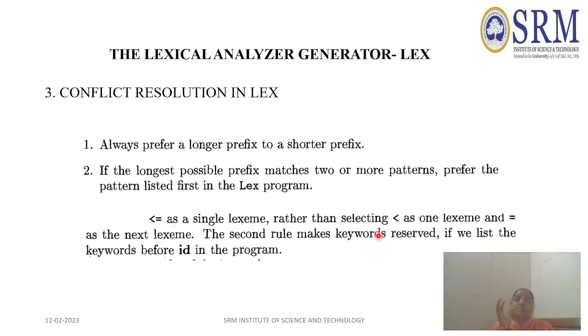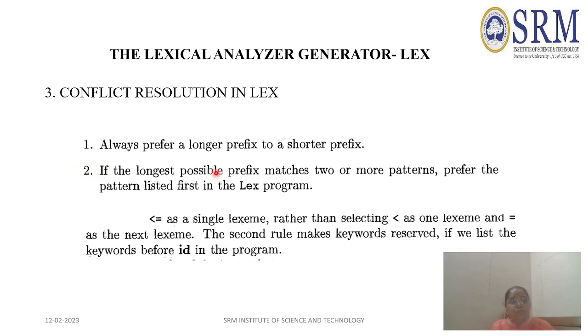The Lex program should be written so as to take the longest prefix rather than the shortest prefix. If less than or equal to is there, it has to be taken together as the longest prefix rather than less than and equal to separately. So always prefer a longer prefix to a shorter prefix.